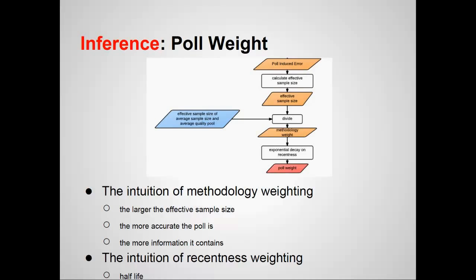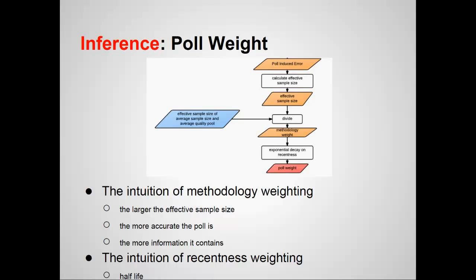Let's say you have 1,000 observations in the poll that you are studying, how large does the sample size need to be for the simple random sample? So if you have 1,000 observations in the poll you are studying and you only need 500 observations in the simple random sample, that means your current poll actually sucks.